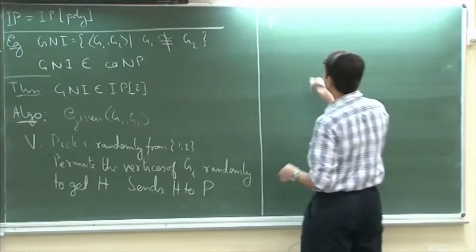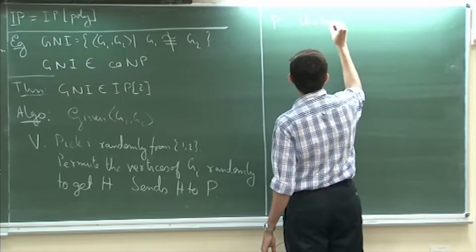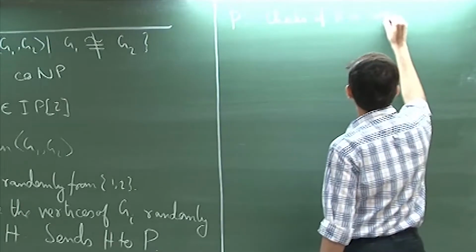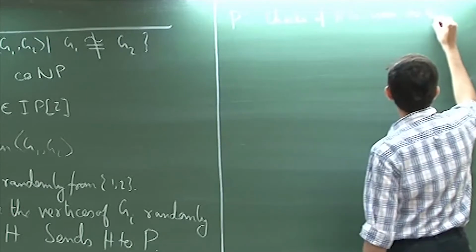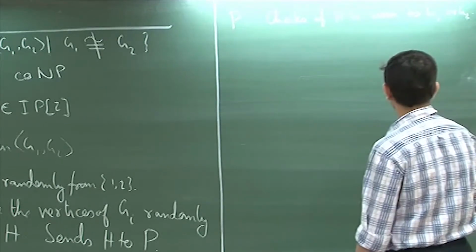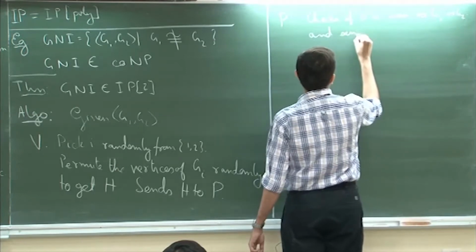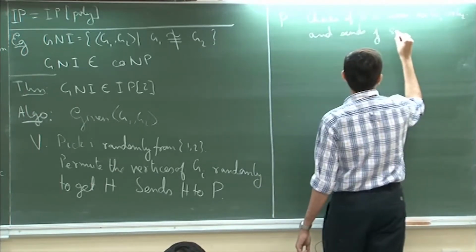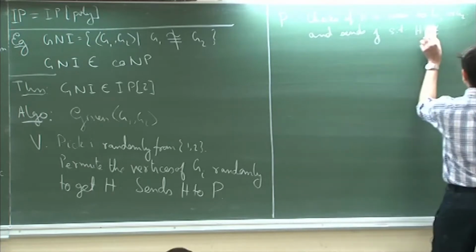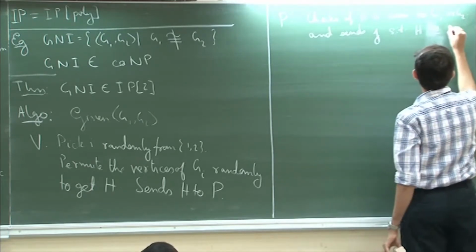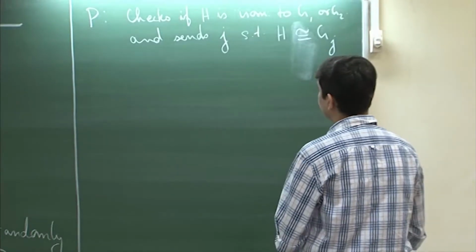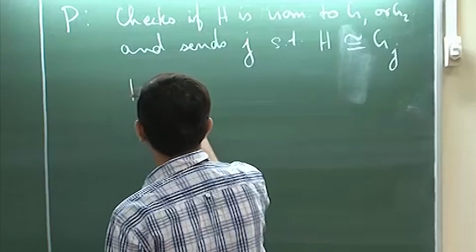So, what he does is he checks if H is isomorphic to G1 or G2, okay, and sends J such that H is isomorphic to G_J to the verifier.